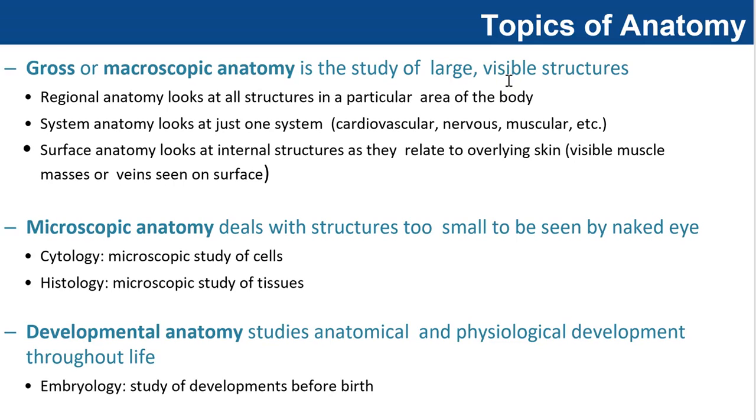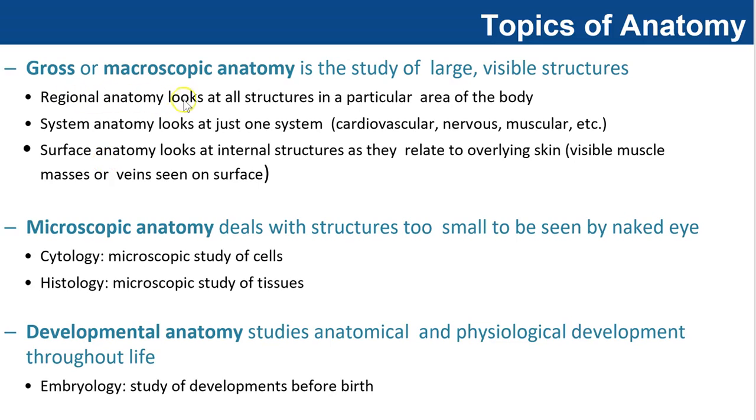Macro means large, so gross anatomy is also referred to as macroscopic anatomy, which is the study of anatomical structures that can be seen by the naked eye, such as the external and internal organs of the body. Gross anatomy can be further subdivided into three different fields: regional anatomy, systemic anatomy, and surface anatomy.